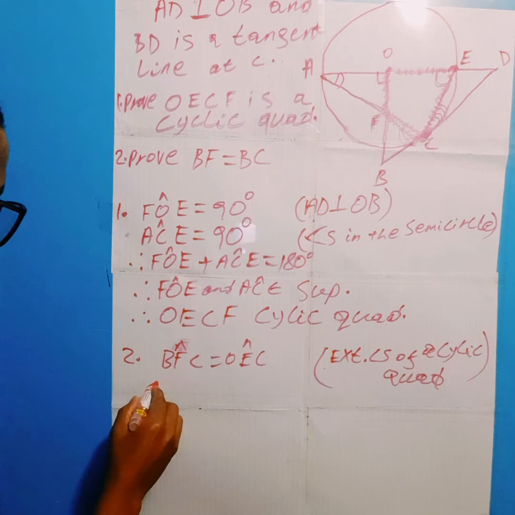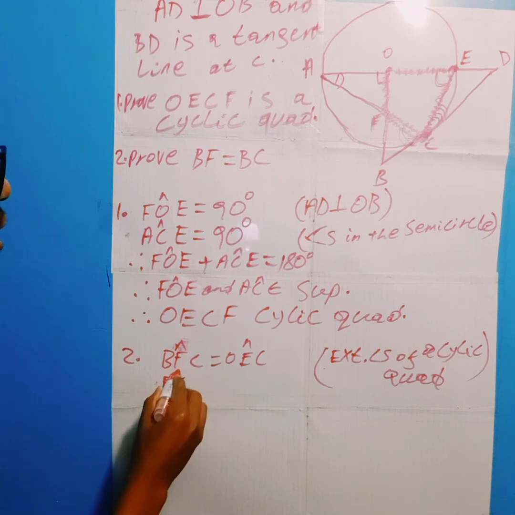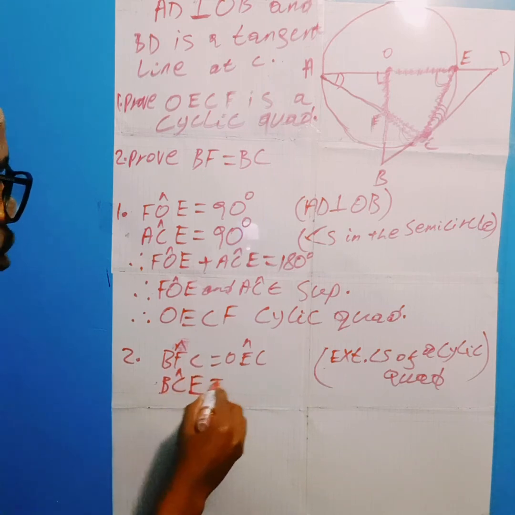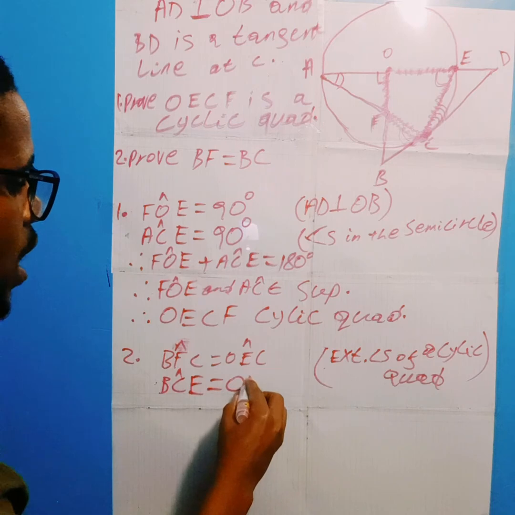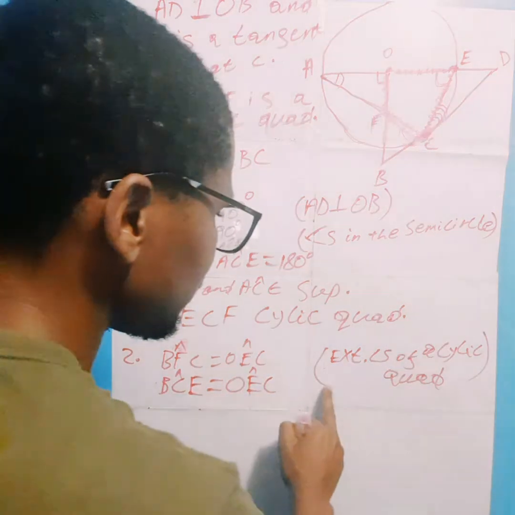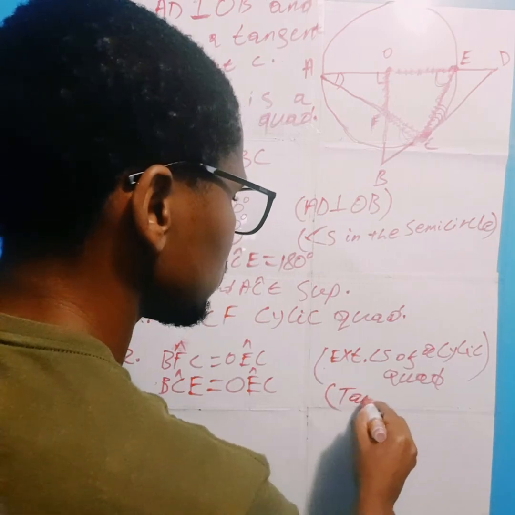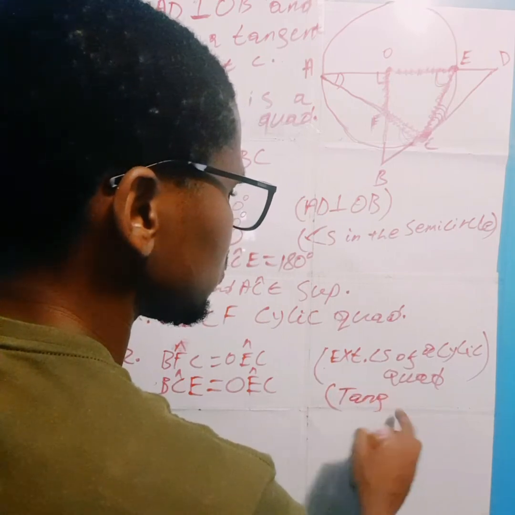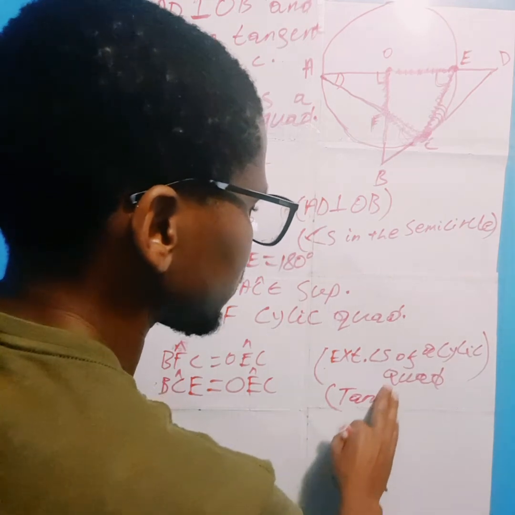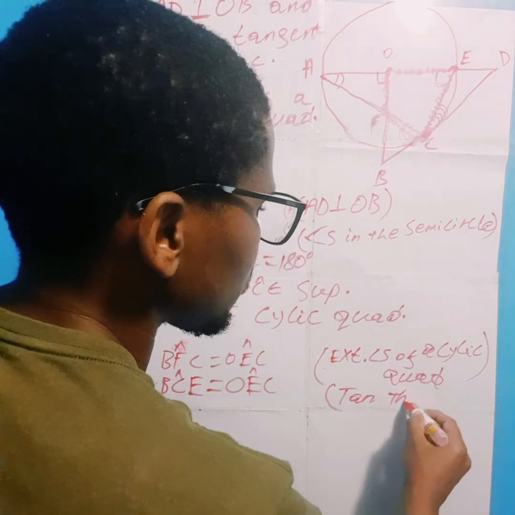So the angle BCF is also equal to OEC. The reason is the tan chord theorem.